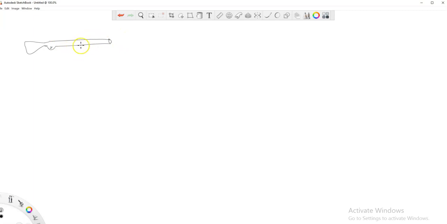Before firing, the rifle has a bullet inside, right? It's a small metal bullet inside. Now when you fire the rifle, the bullet comes out, and if you have experience with this, you know that the rifle is going to jump backwards. We call it the recoil.